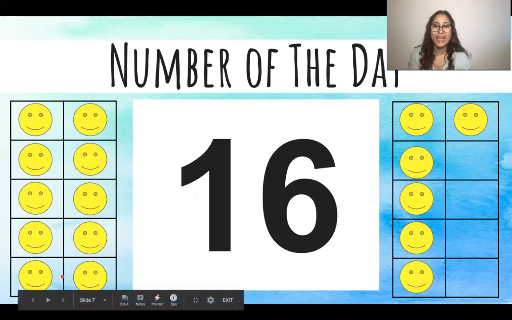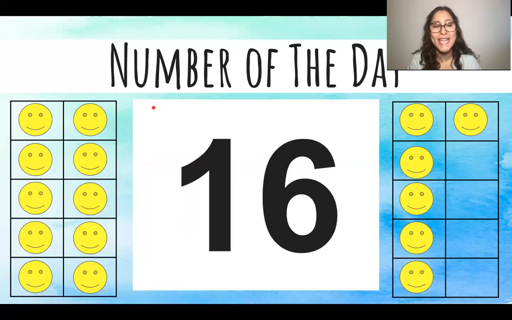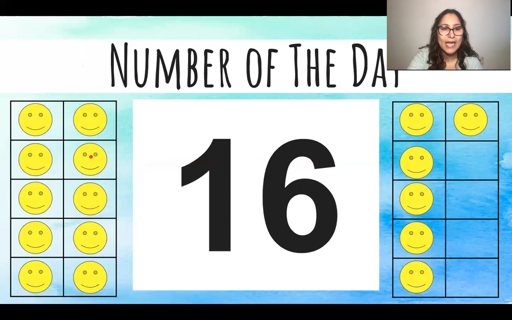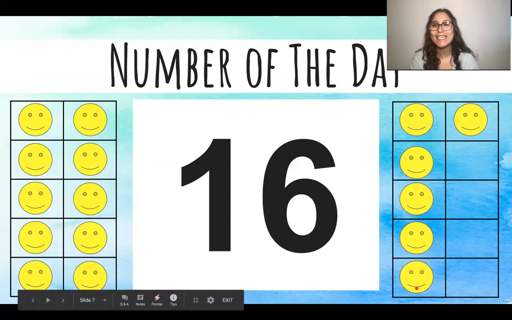We are going to go ahead and count, but before we even count, this one looks full, so we already know that there are 10 in there, but we are going to count it anyways just to make sure. Count with me. 1, 2, 3, 4, 5, 6, 7, 8, 9, 10, 11, 12, 13, 14, 15, 16.